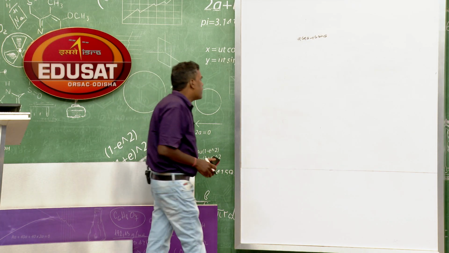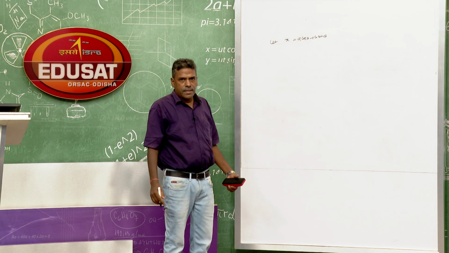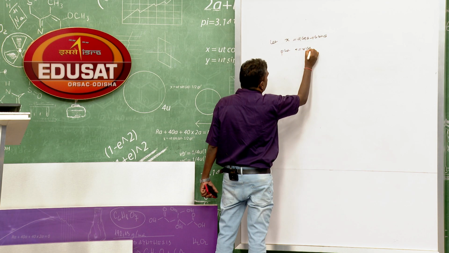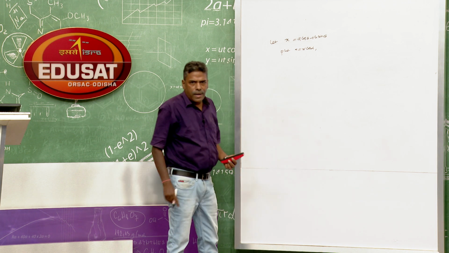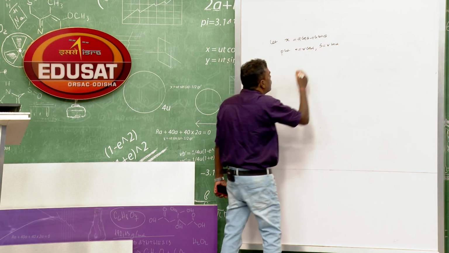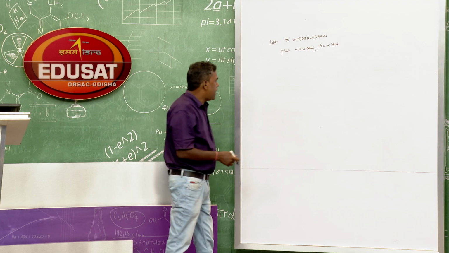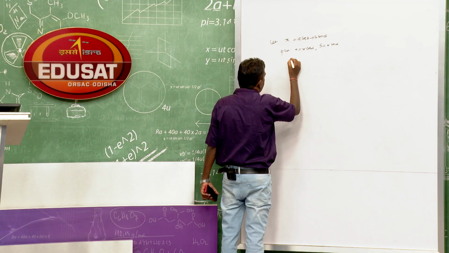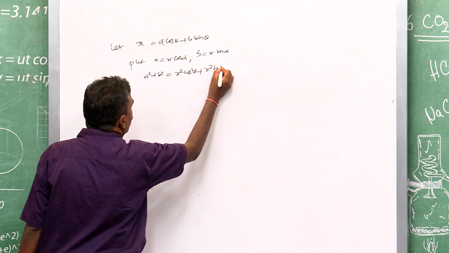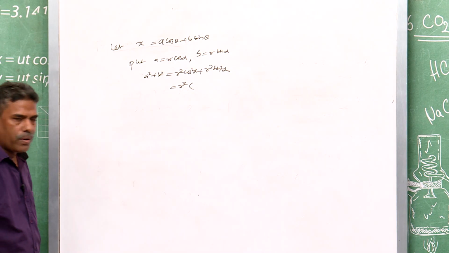So, let x be equal to a cos theta plus b sin theta. Put a is equal to r cos alpha, and b is equal to r sin alpha. Then a square plus b square is equal to r square cos square alpha plus r square sin square alpha, which is r square into cos square alpha plus sin square alpha.